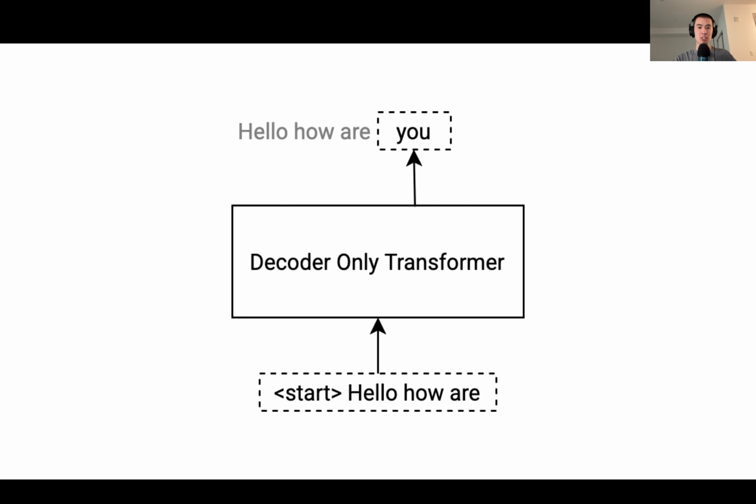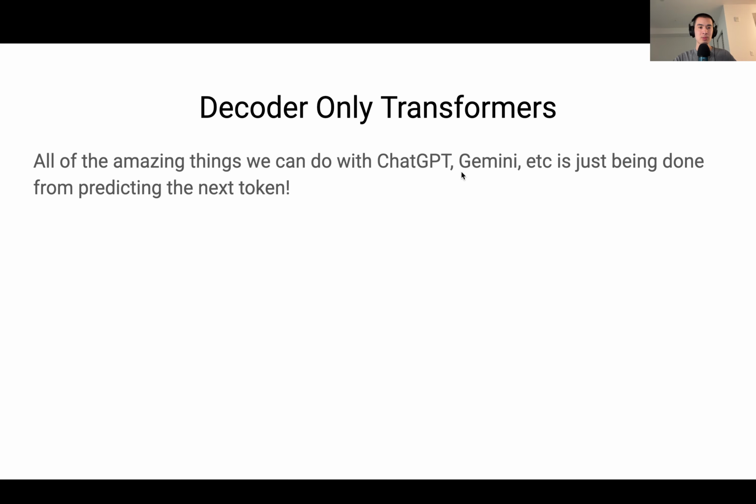And so it has to predict the next token. Start, hello, how are? And hopefully, our decoder-only transformer is smart and predicts the next token of "you," or "hello, how are you?" All of the amazing things we can do with ChatGPT, Gemini, etc., is just being done from predicting the next token.